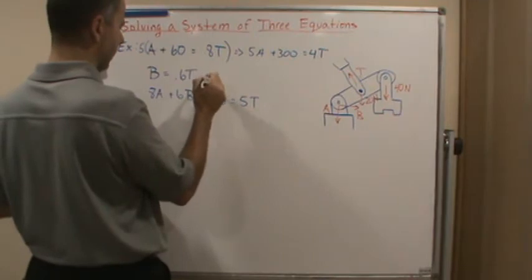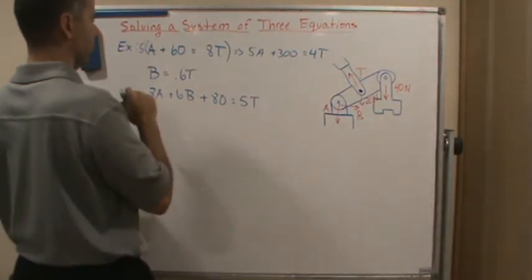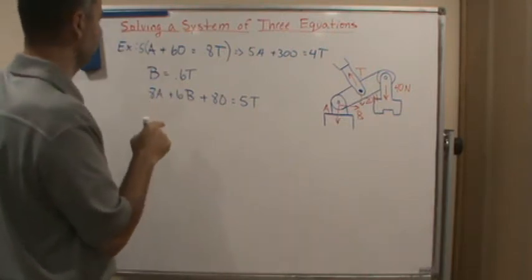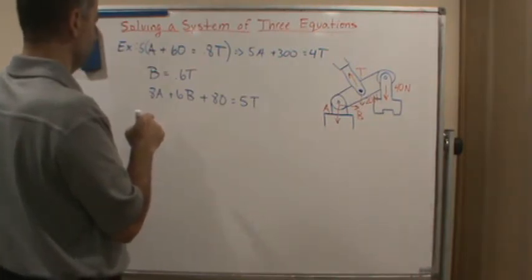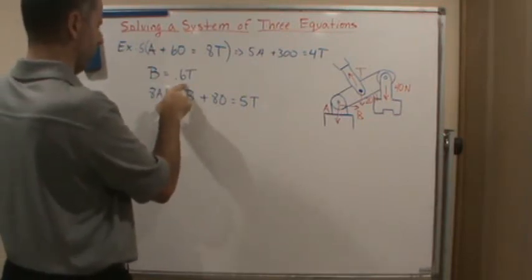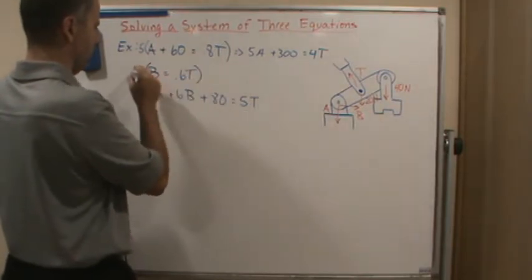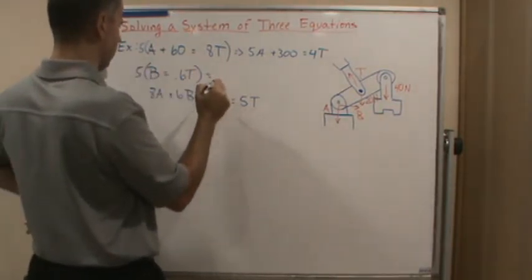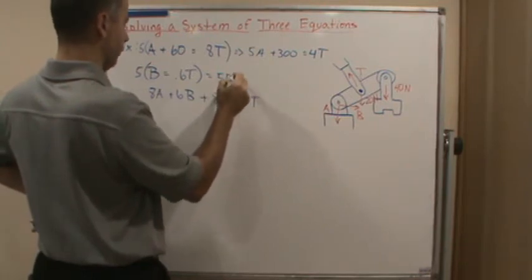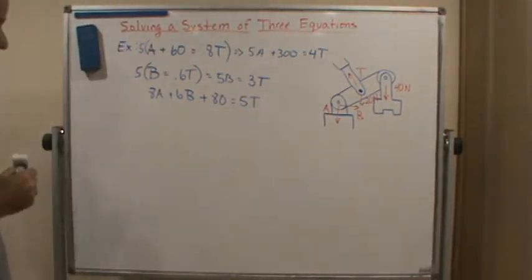If we multiply this one by 5 too, then what are we going to get? We're going to get 5b equals 3t. Right?